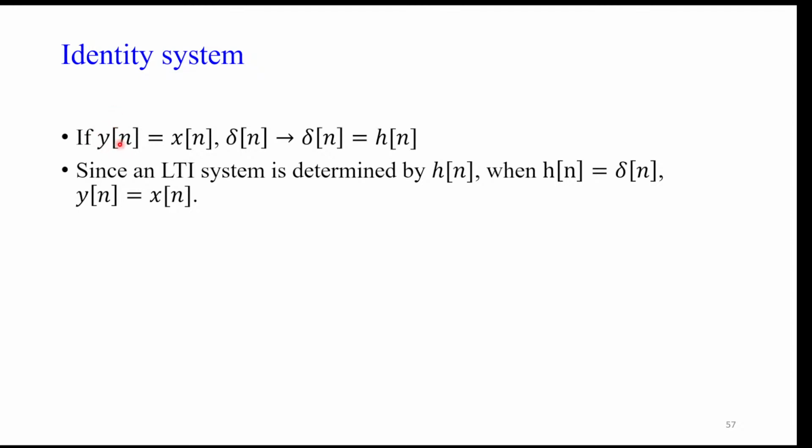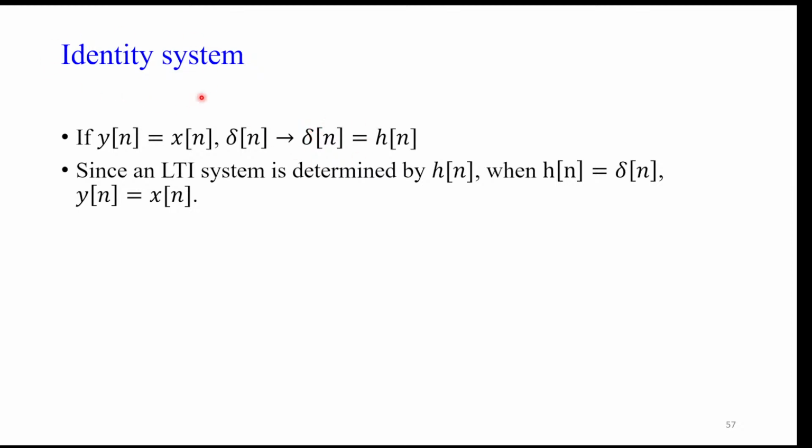For the identity system, y of n equals x of n, this is an LTI system, and we can calculate its impulse response as well. The impulse response is the response to delta of n, and it should still be delta of n because this is identity. So h of n equals delta of n for the identity system.